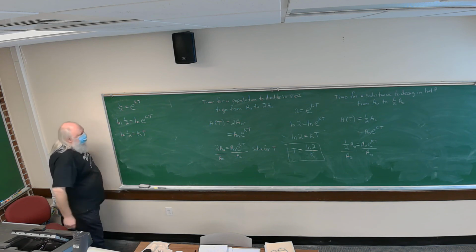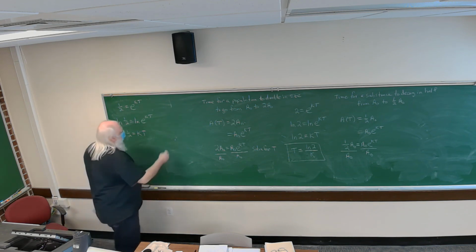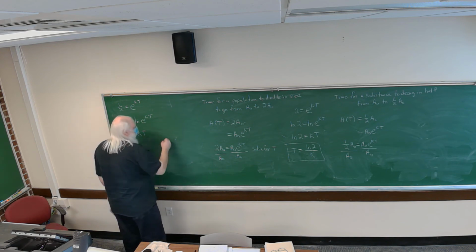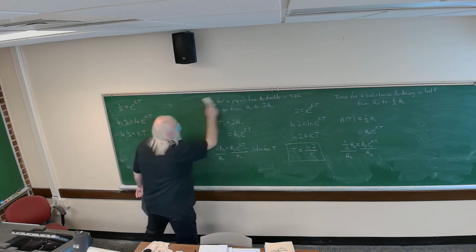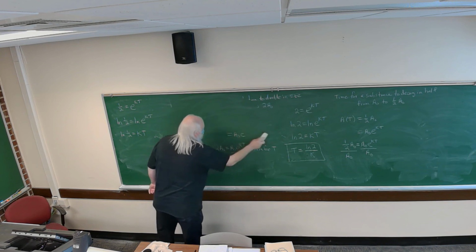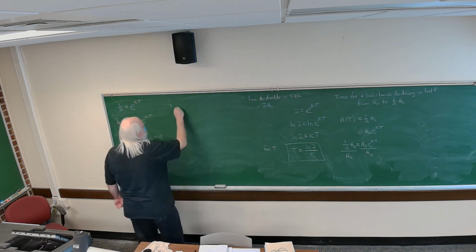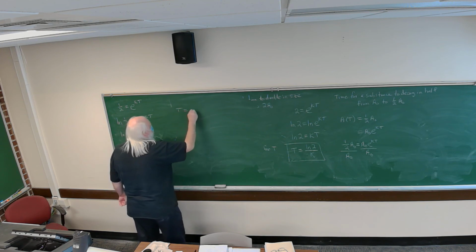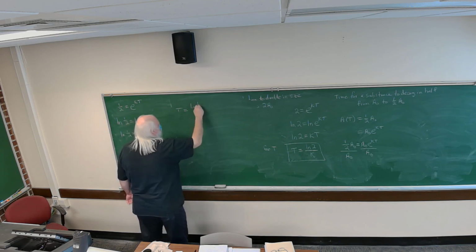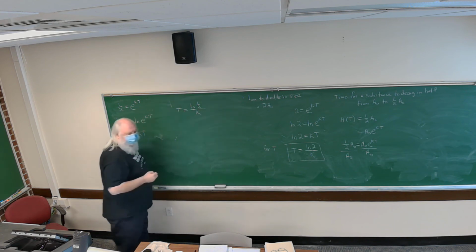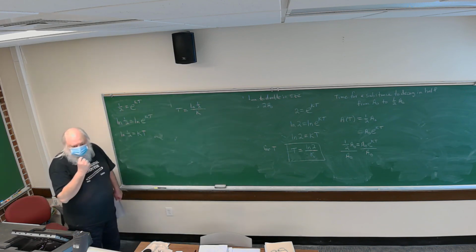And when I divide both sides by K, I end up with capital T is equal to the natural log of 1/2 over K, where K is now the decay rate.